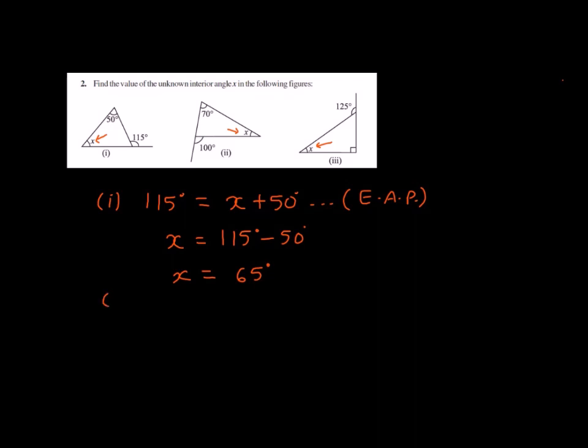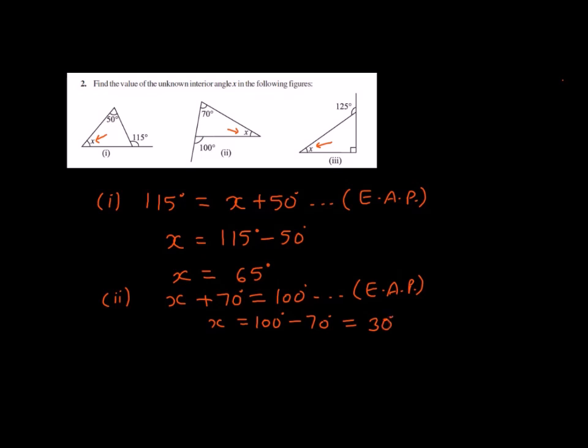For second part, X plus 70 degree is equal to 100 degree. Again by exterior angle property. So X can be solved by subtracting 70 degrees from 100 degrees. So your answer will be 30 degree here.